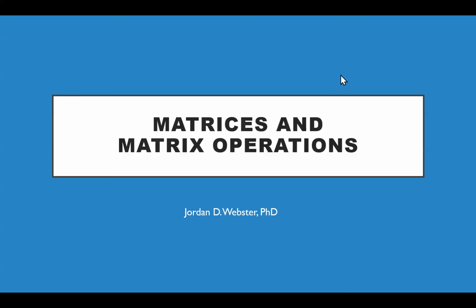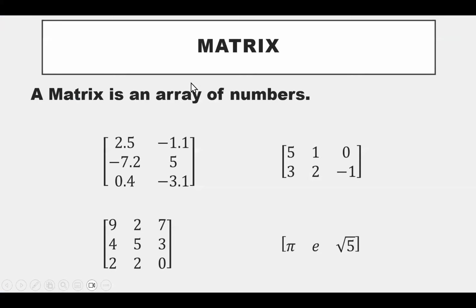In this video, we're going to take a look at matrices and matrix operations. So a matrix is an array of numbers. It's going to have rows and columns, and it can have any number of rows and any number of columns.